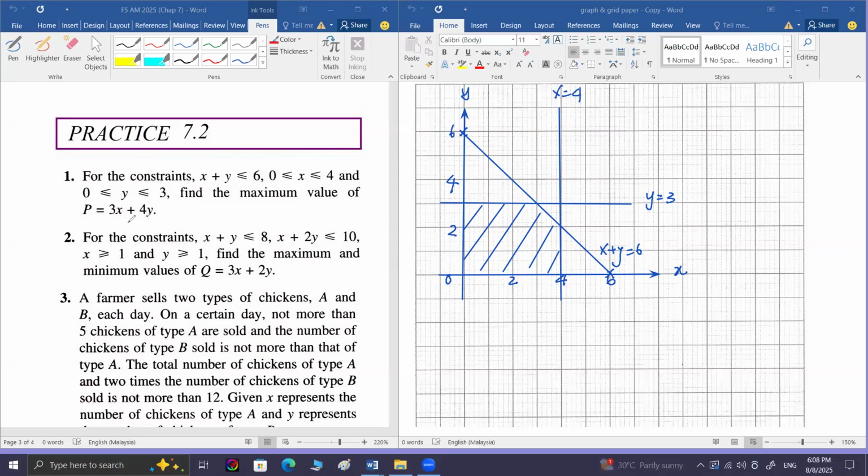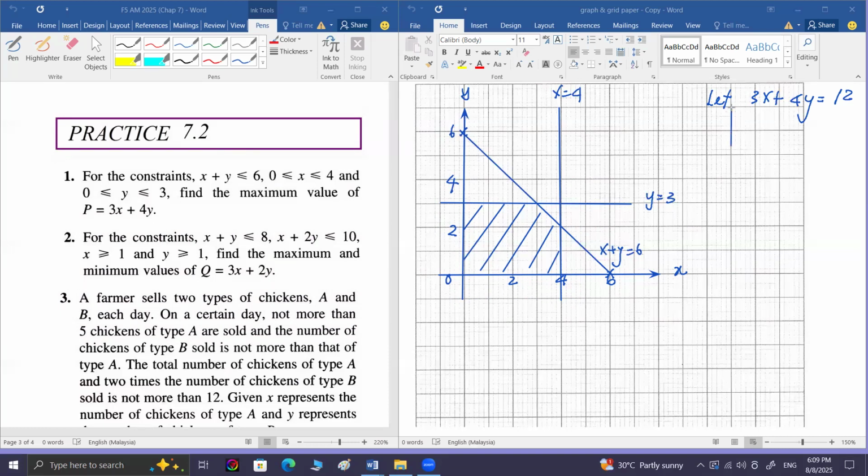If you don't have this, last week we had learned, you let 3x plus 4y equal to, okay, remember I taught you already, you get the common multiple, yeah? 3 and 4, so I let it be 12. And then I find 2 points from here.